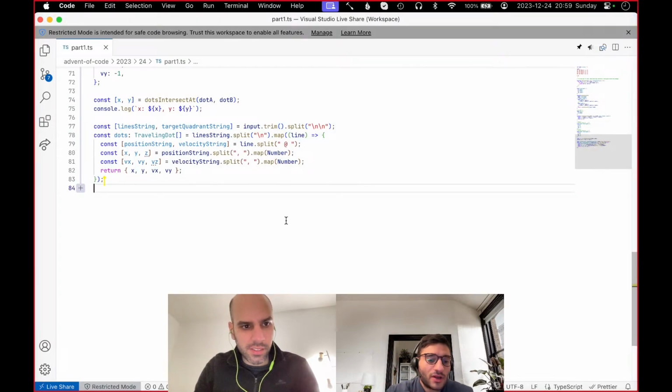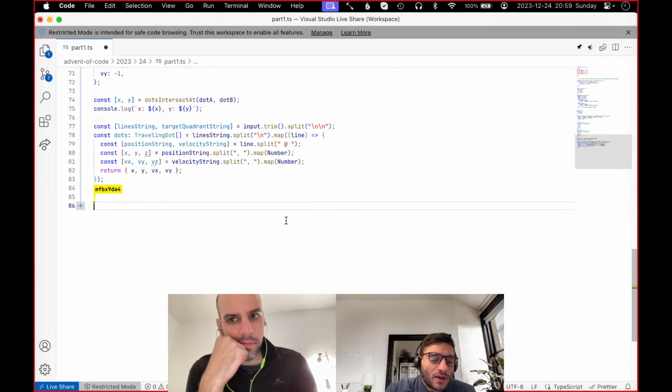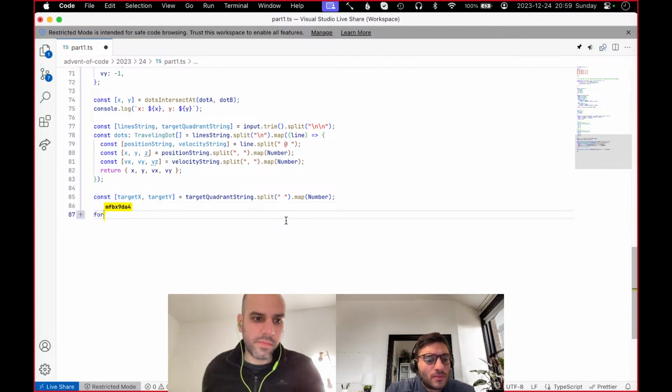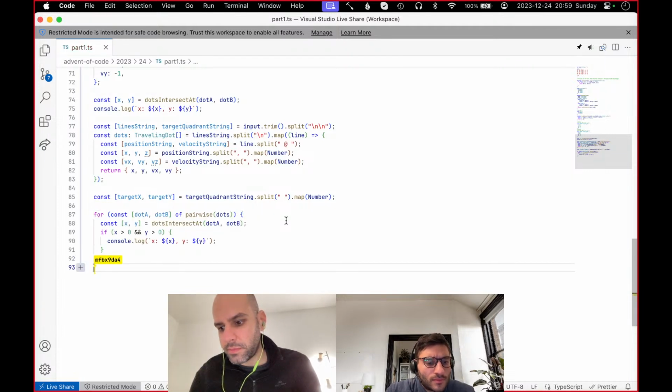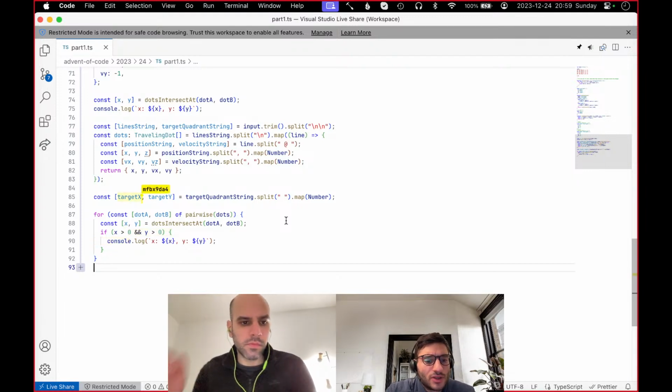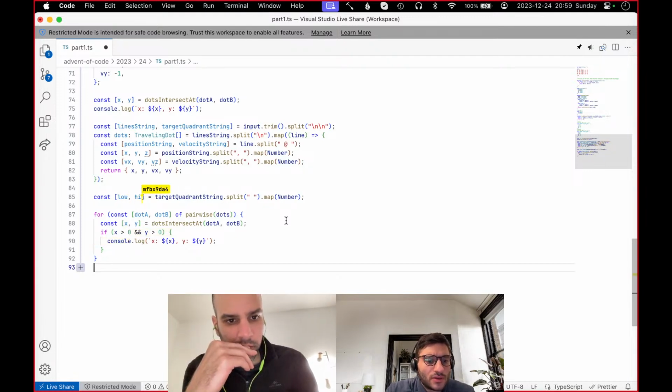Target quadrant string, and then if x is greater than, this is not actually low, this is just low and high.